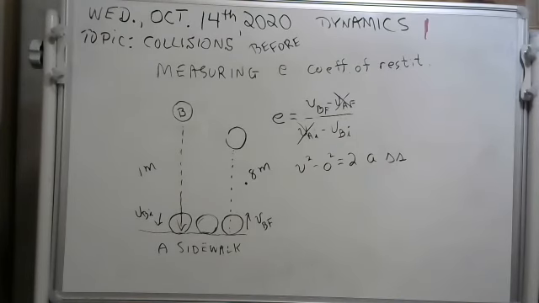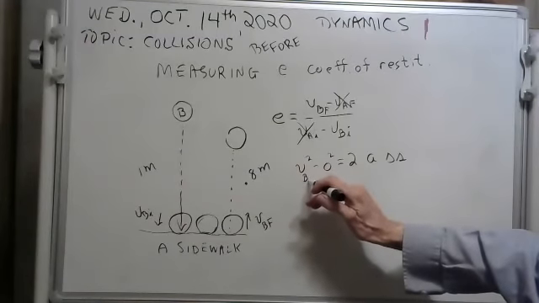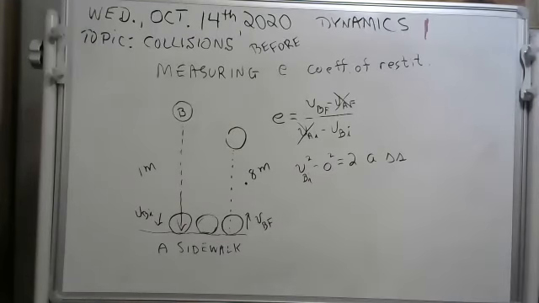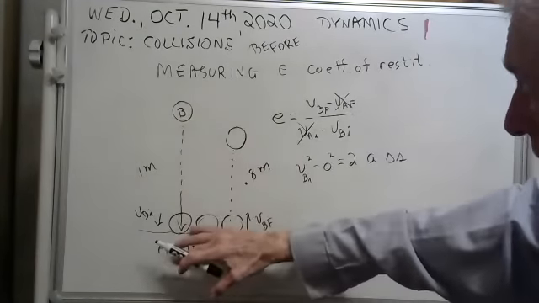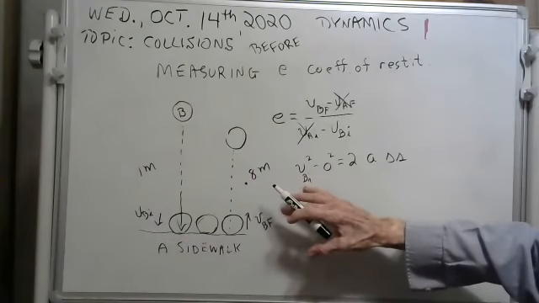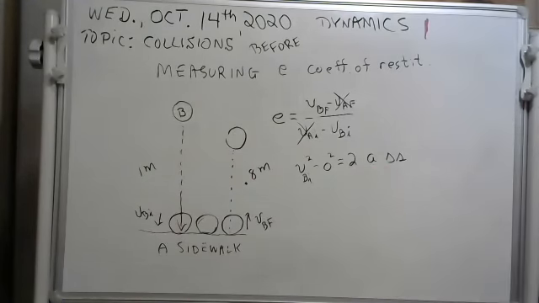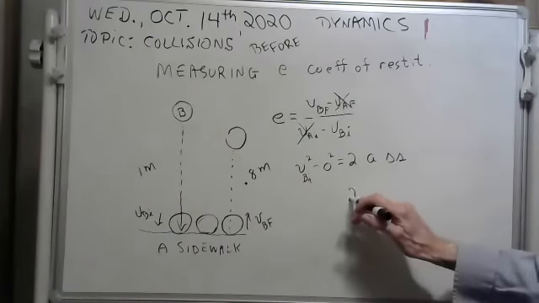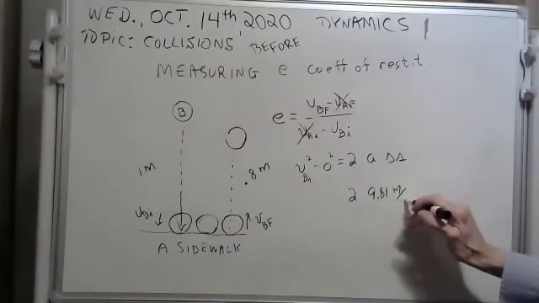Well, we can get this. What this is going to be is the initial velocity of the ball just before the collision. Here the velocity of the ball is 0. Here, the velocity of the ball just before collision is 2 times acceleration. Well, what's the acceleration? It's 9.81 meters per second squared.